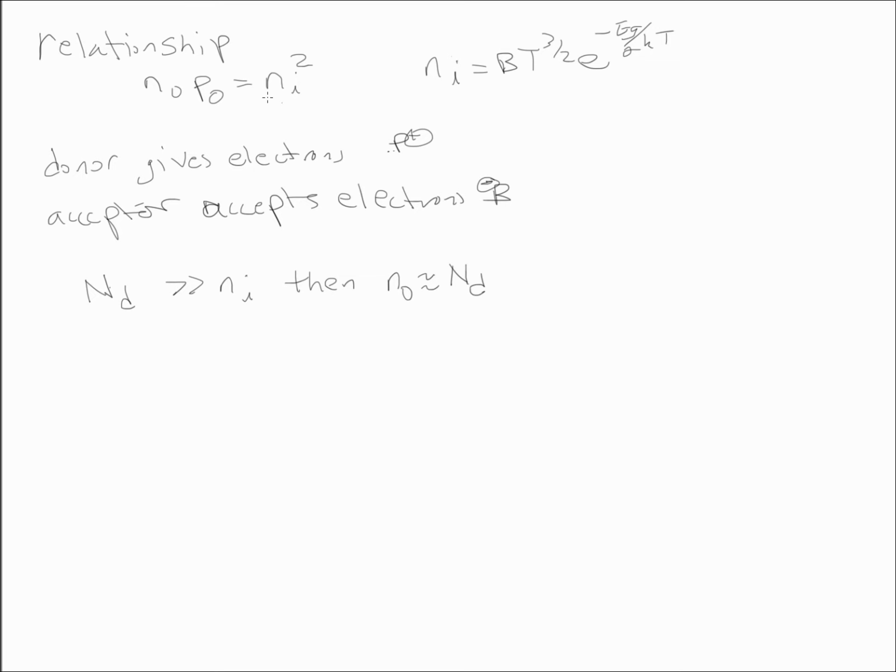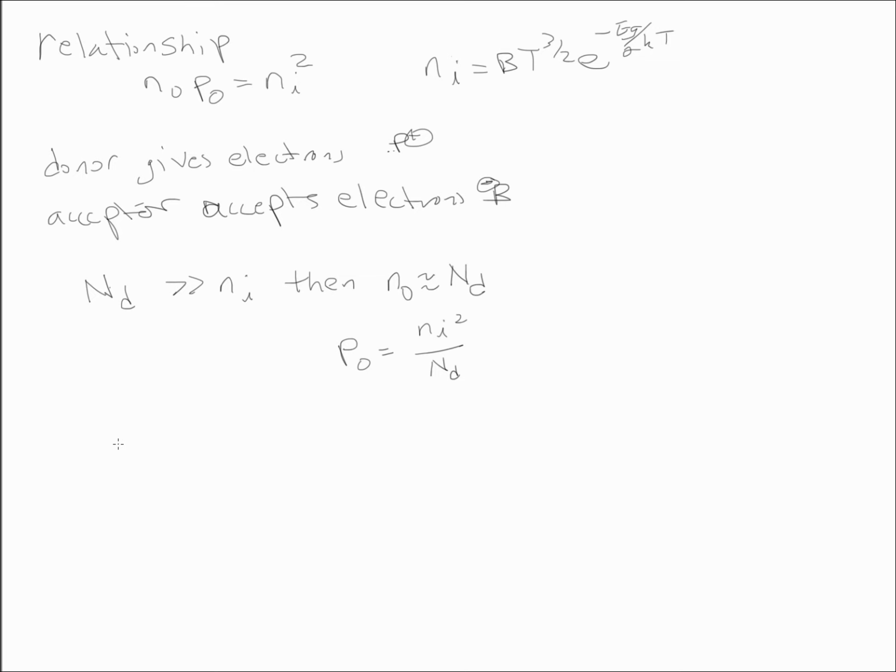And therefore, using the equation above, your holes at that temperature equilibrium will be equal to Ni squared over the concentration of your donor, okay?